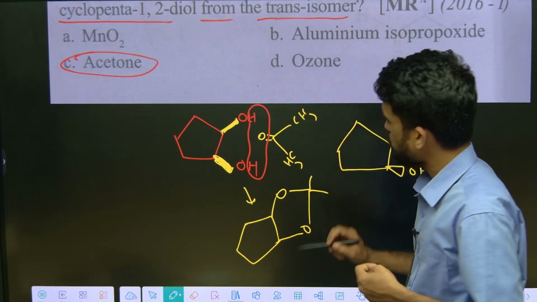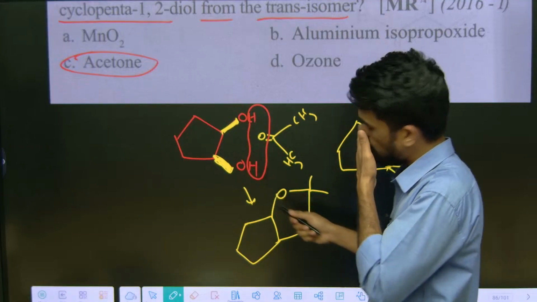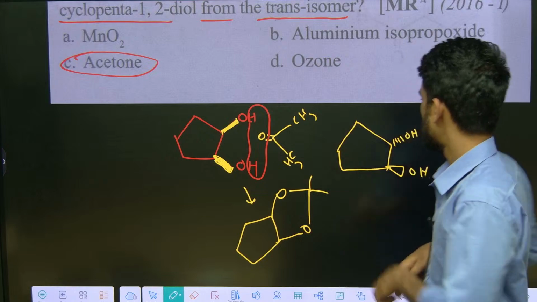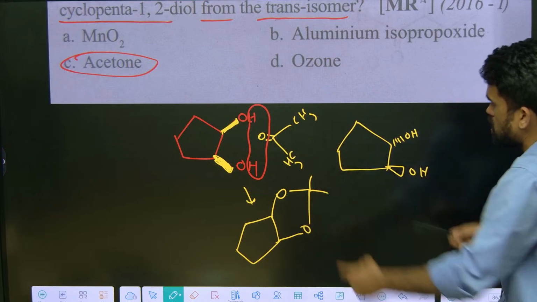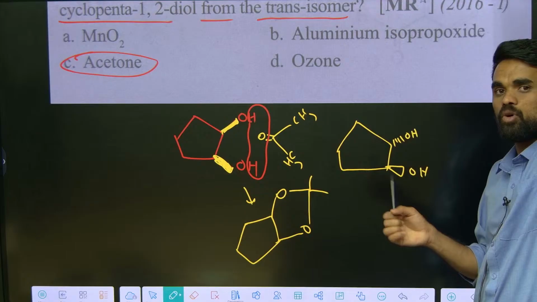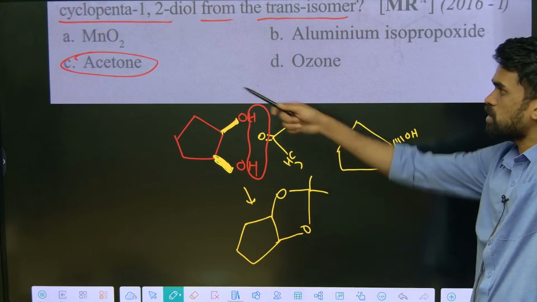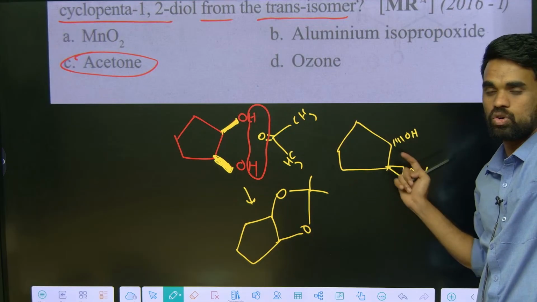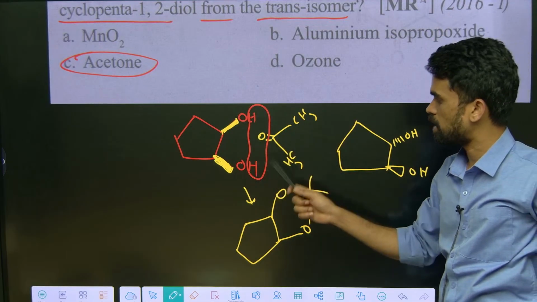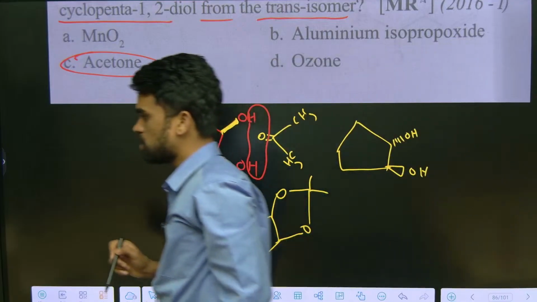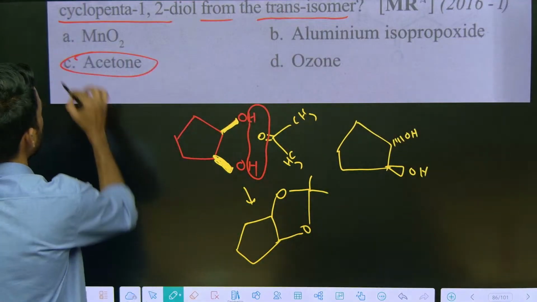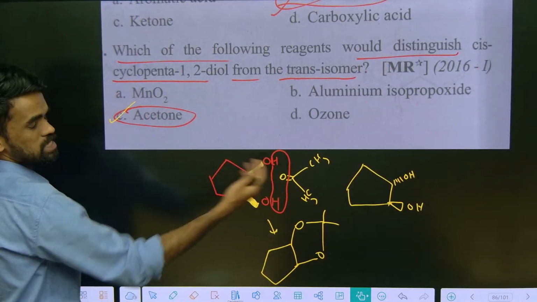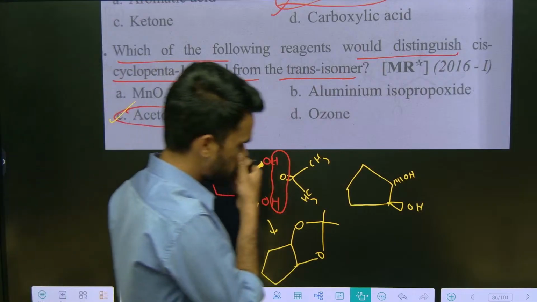This is possible when both OH groups lie on the same side of the plane, either both above or both below. The cyclization does not take place if one OH is above the plane and one is below, because acetone cannot react with the trans isomer due to the different planes of the OH groups. Here, both lie in the same plane, so the reaction is possible. So acetone is the best reagent to distinguish cis and trans isomers. Hope the discussion is clear.